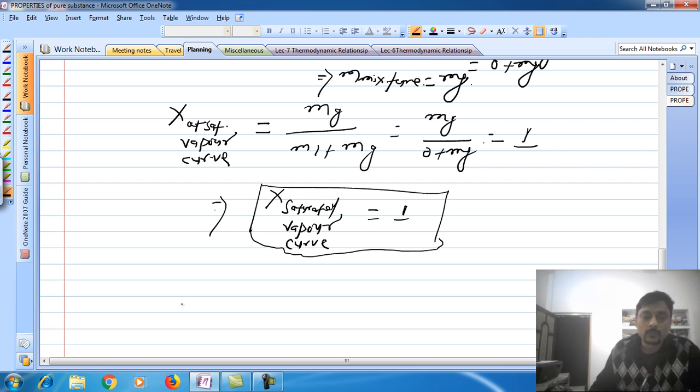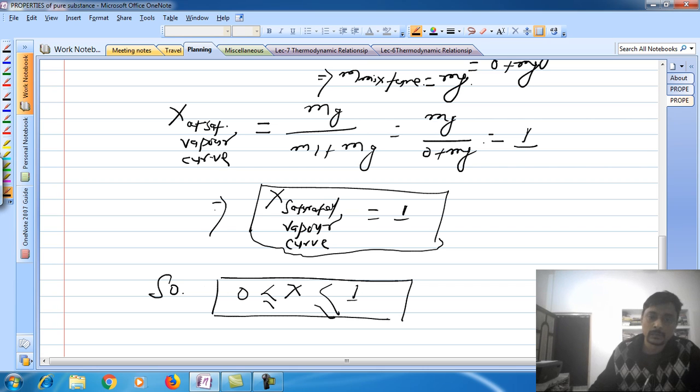So basically what we observe here is that the dryness fraction always lies between 0 and 1.